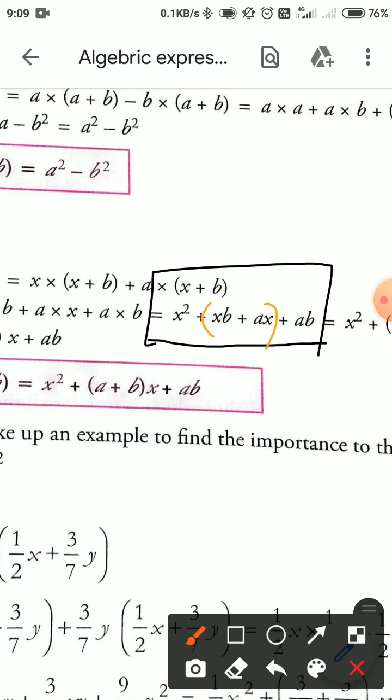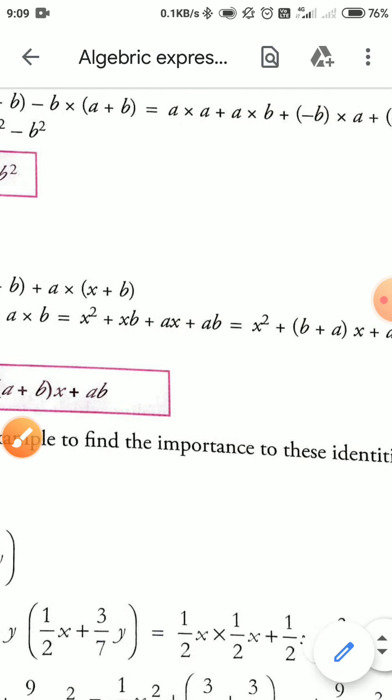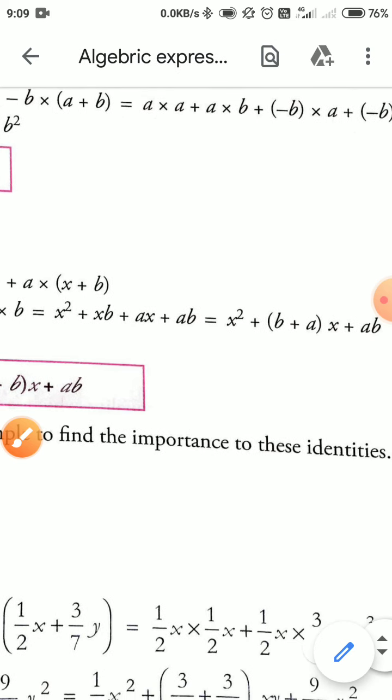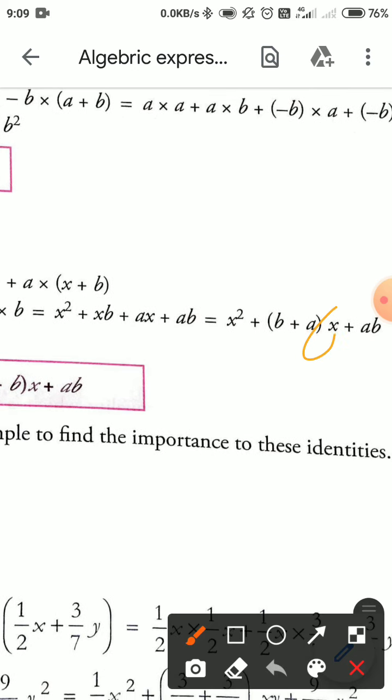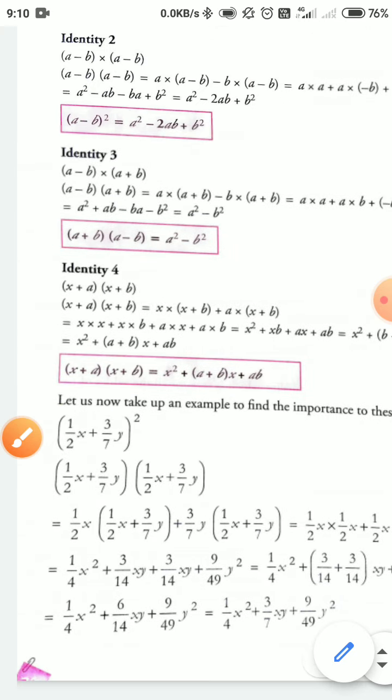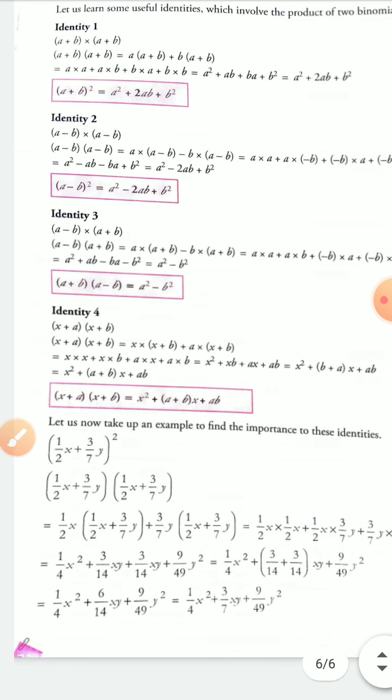If I take x common, what I will get is x square will be kept as it is. Here I have taken x common, so what we are left with is b plus a, plus ab will be kept as it is. So the final expression for the identity becomes x square plus a plus b into x plus ab.